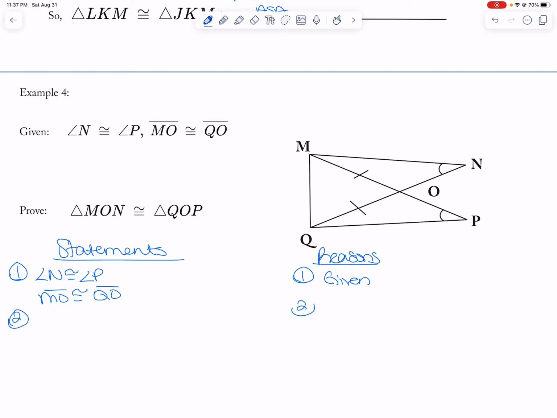And then my brain automatically wants to go, instead of 2, 2, 2, 3. Angle NOM, it's like nom nom nom, is congruent to angle POQ. So let's see, this angle is congruent to this angle by vertical angles.